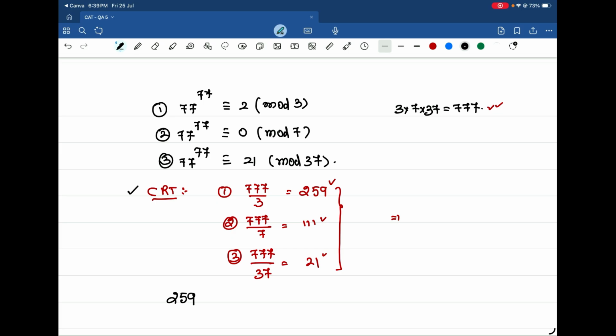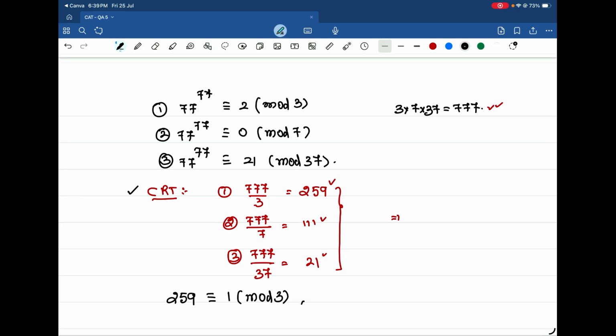259, how can it be written in terms of mod 3? 259 is equivalent to 1 mod 3. Do you agree? When you divide 259 by 3, 3 8s are 24, 3 6s are 18, 258. 1 is the remainder.